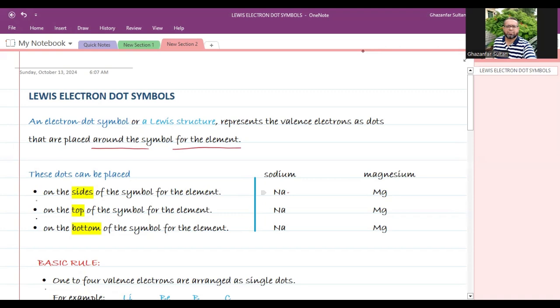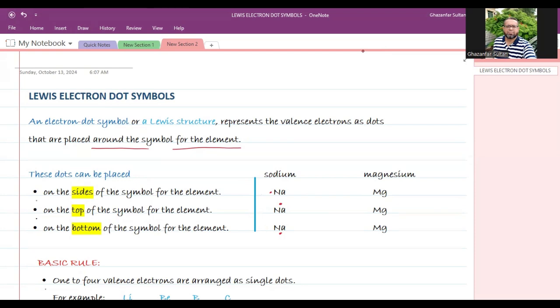You can draw the dot here or here, and you can draw it on the top of the symbol or at the bottom of the symbol. Means on either side of the symbol, right or left, top and bottom.